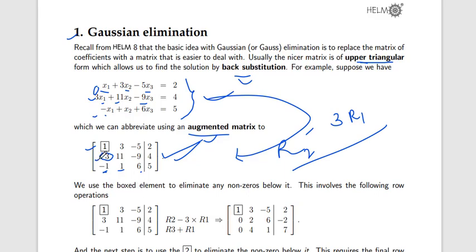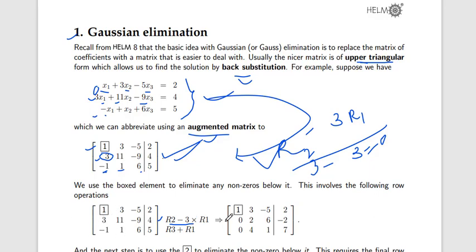Then 3 minus 1 multiplied by 3 becomes 0. All the row operations will follow this pattern, R2 minus 3R1.